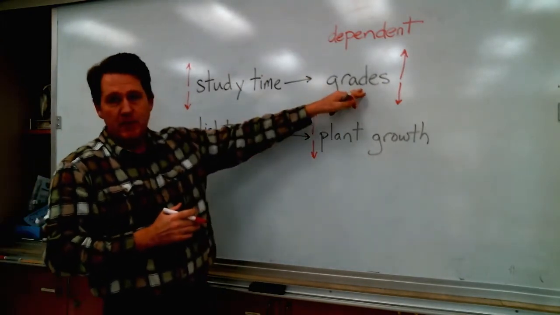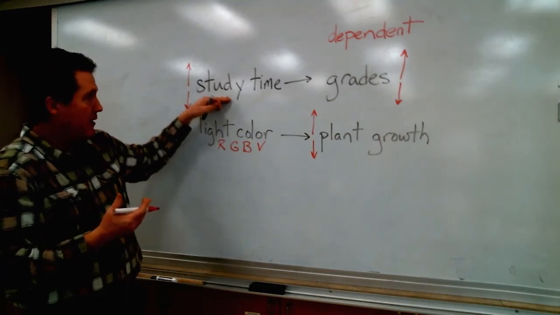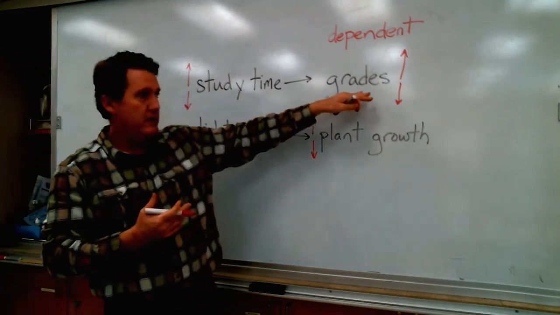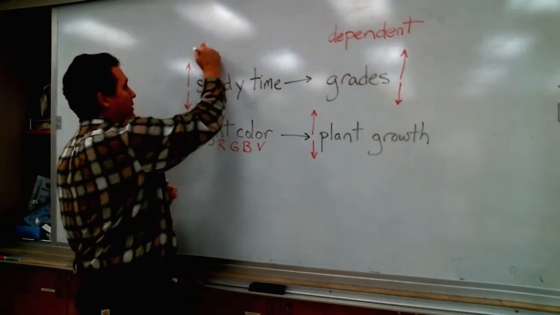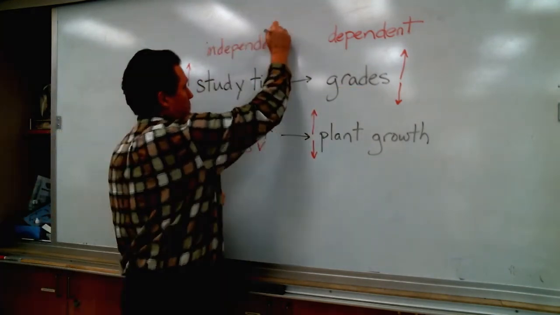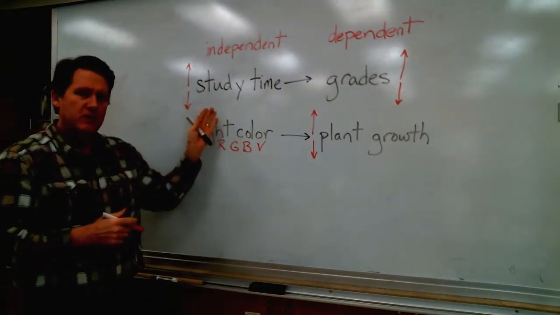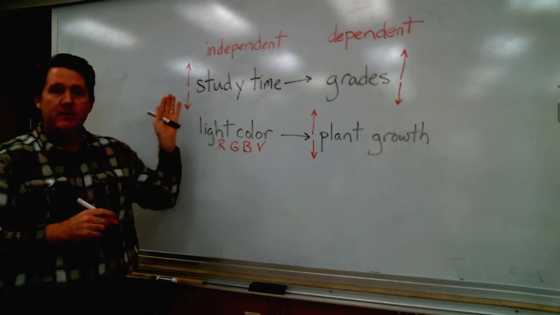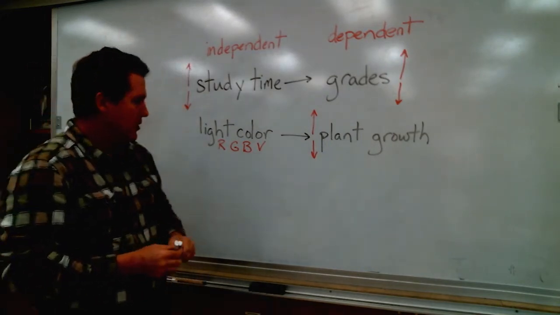If that one's dependent, then this one doesn't really care, right? The amount of study time doesn't really depend on the grades you get. This one is completely independent of that. So this one, sort of the cause, we would call the independent variable. Just some terminology in science that is good to get used to.